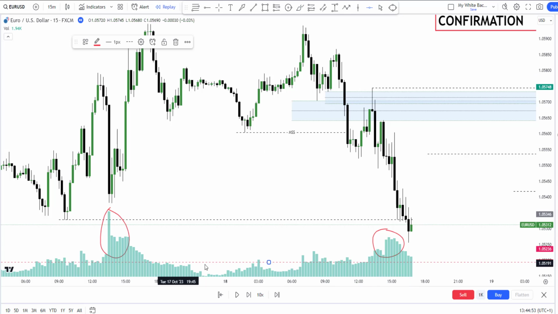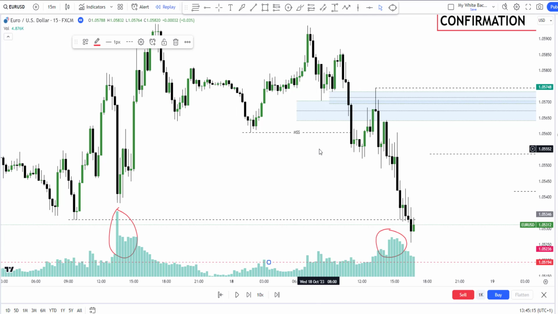Can you see these red dotted lines? Anything above these red dotted lines, I consider as heavy or large volume, where the institutions are. Once I see a shift in market structure, the goal is to wait for price to retrace back to a point of entry. As you can see, a bearish mitigation block right here, a fair value gap.